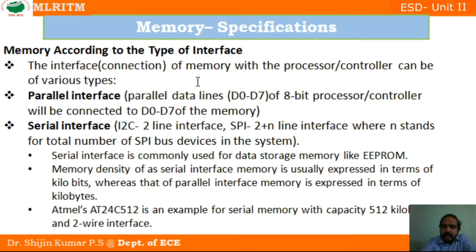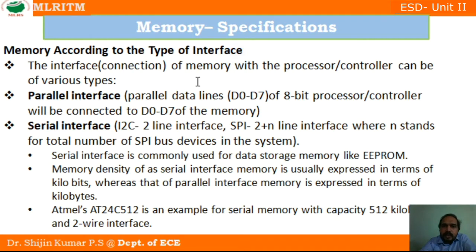First bit will be transmitted, then the second bit, or the first bit will be received, then the second bit, like that. So bit by bit we are communicating. That is the peculiarity of serial interface. But in parallel interface we transmit a byte at once or 2 bytes at once, depending on the capacity of the bus. That's why there is a difference between kilobits and kilobytes.